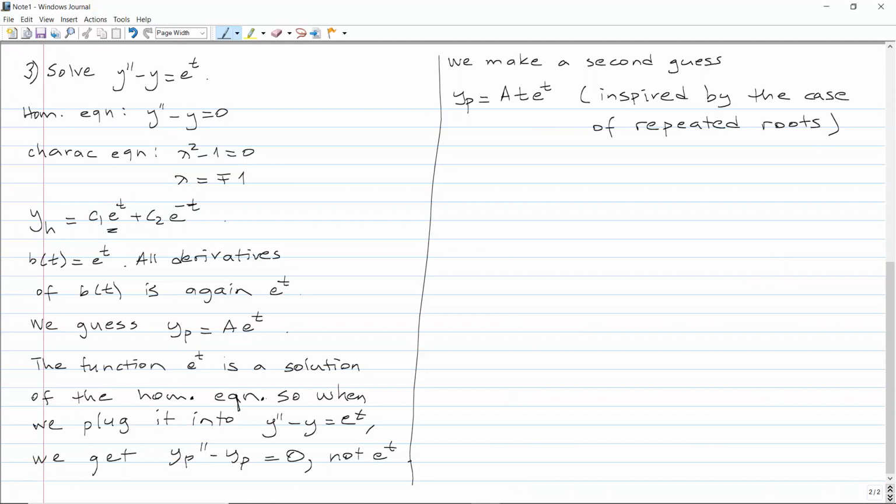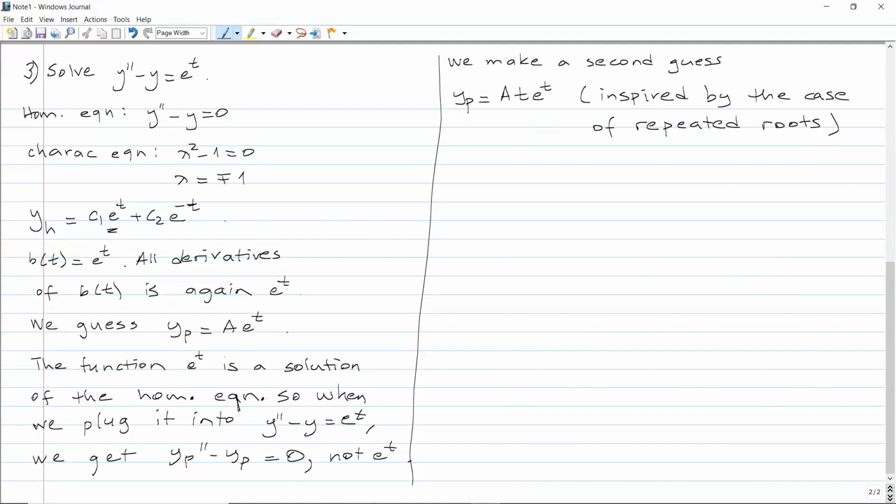Remember, if we have a repeated root, first we take the function e to the lambda t for that root, and for the second solution, we multiply that solution with t. So we have e to the lambda t and t e to the lambda t.